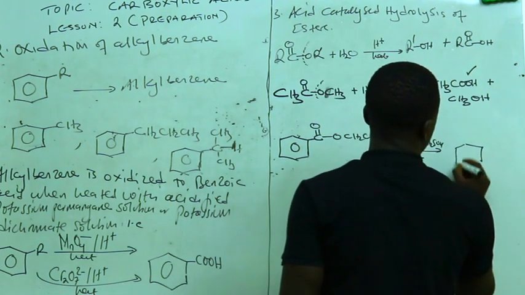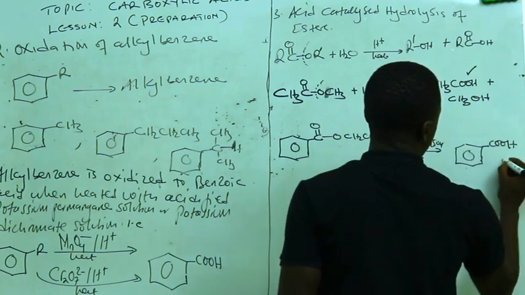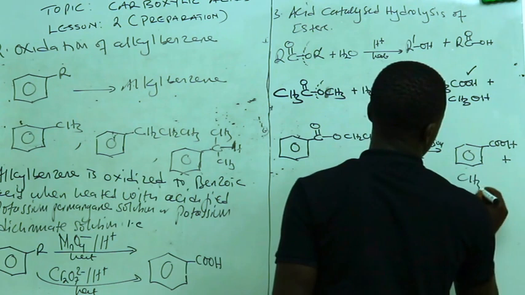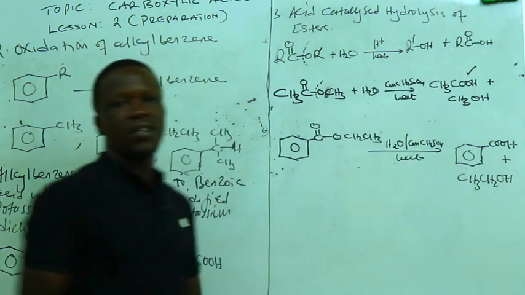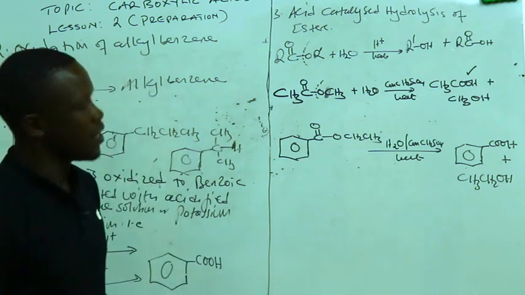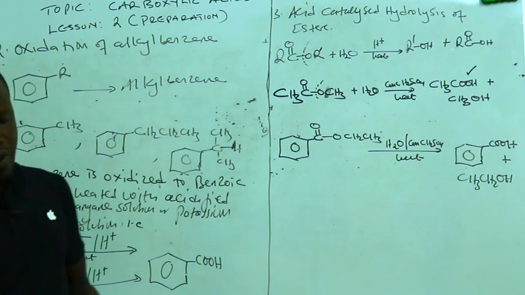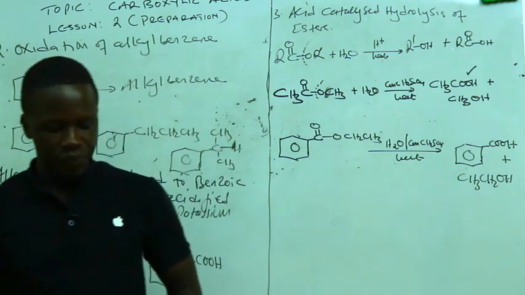Here, the carboxylic acid is going to be benzoic acid, and the alcohol will be ethanol. So using the acid catalyzed hydrolysis of esters, we can be able to prepare different types of carboxylic acids.